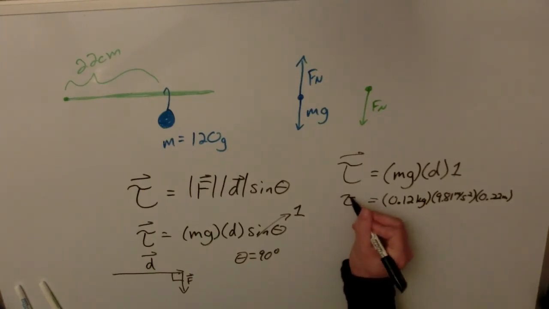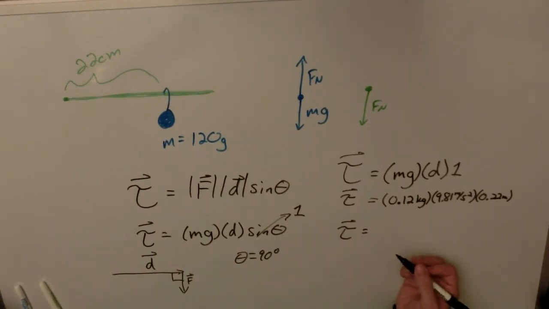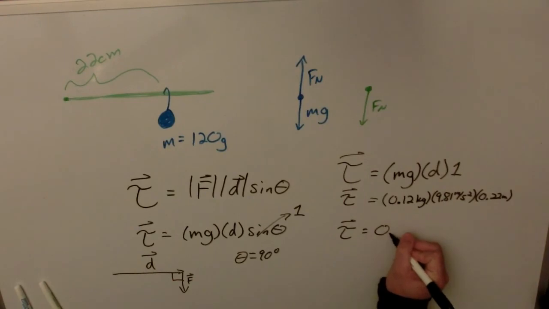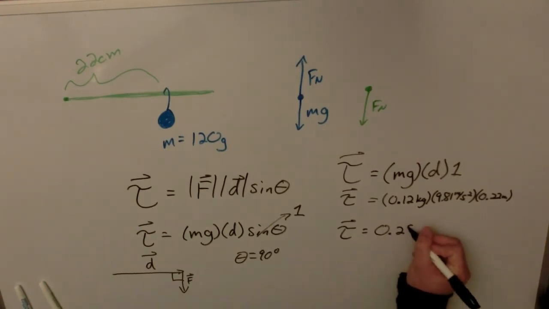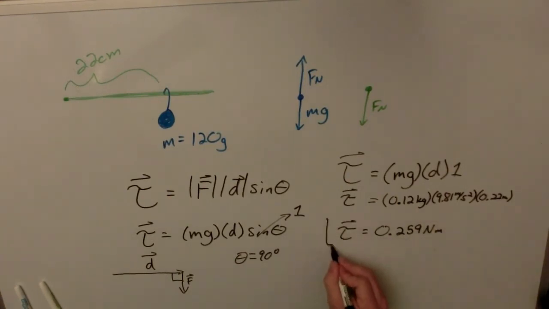And that's equal to my torque. Finally, my torque will come up to, if I calculate all that out, something very close to 0.259 Newton meters. That is the torque applied onto this tree limb by hanging that little ornament on it.